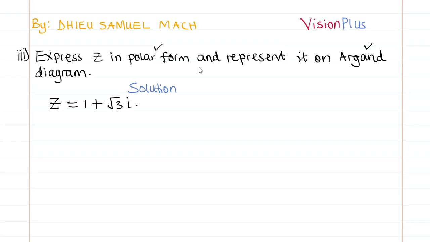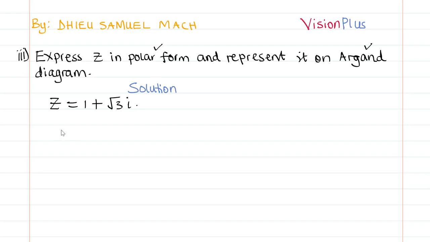Remember, polar form is separate from the Argand diagram. They are different. Now, when we're expressing it in the polar form, in some cases we call it the modulus argument form.